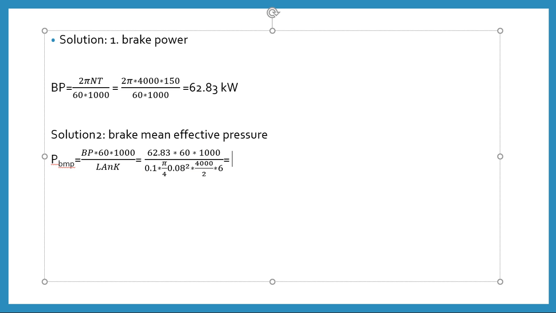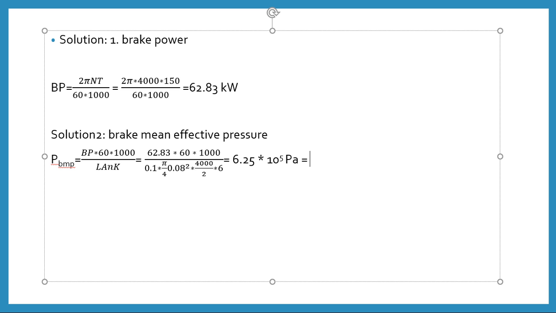So the value of this equation, when you calculate it, is 62.83 into 60 into 1000, divided by 0.1 into pi by 4 into 0.08 square into 4000 by 2 into 6, and the value is 6.25 into 10 to the power 5, and the unit is Pascal.